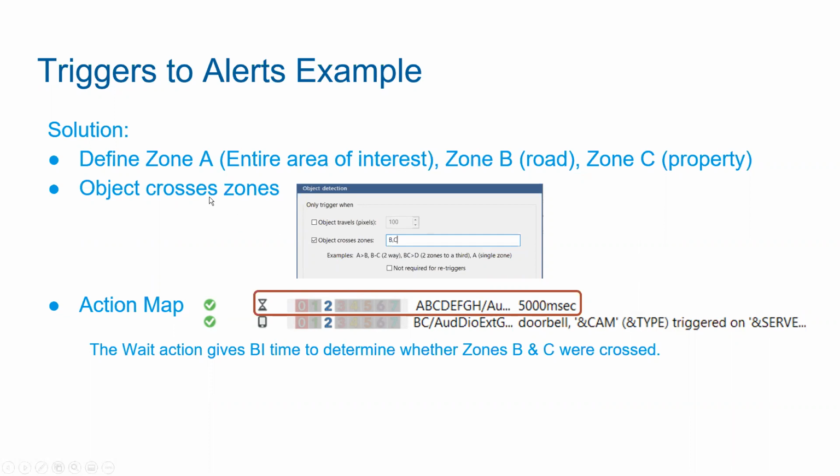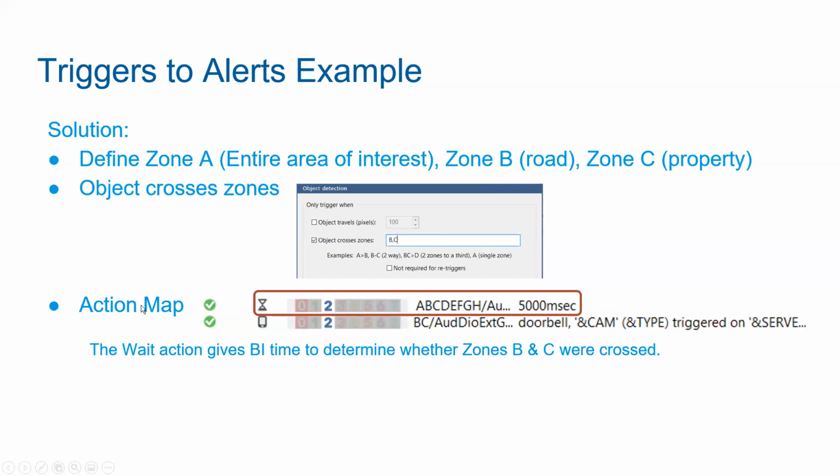So how this worked is I have object crosses zones. All I did was tell Blue Iris that if anything happens in B and C, put it on the clip list. I want a note of that. I want activity that's on the street and I want activity that's just on my property.